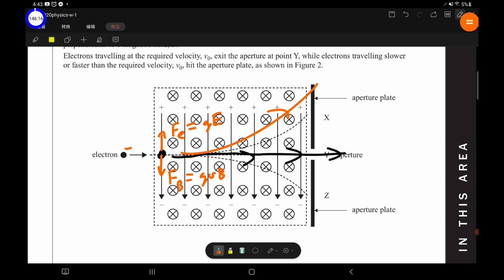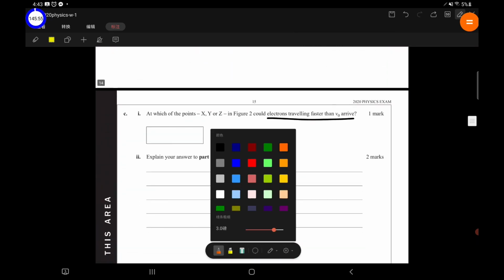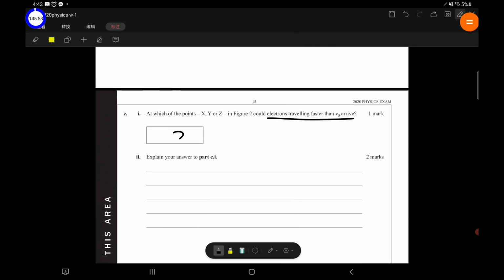The magnetic force will increase if our speed is greater than v naught. So if the electron speed is greater than v naught, then we have a downward deflection. So we can see from this question that point Z would be the point of arrival for our electrons. So let's explain part CI.